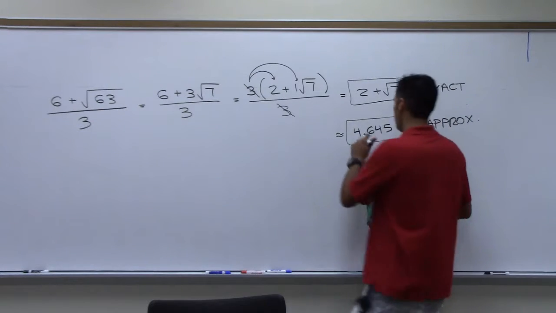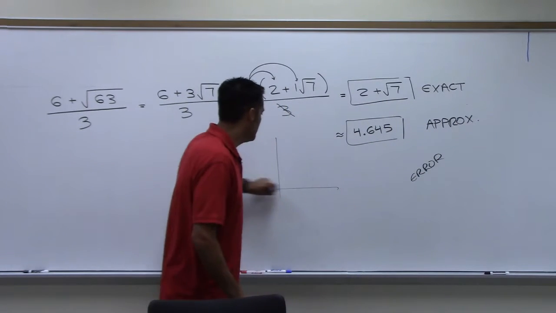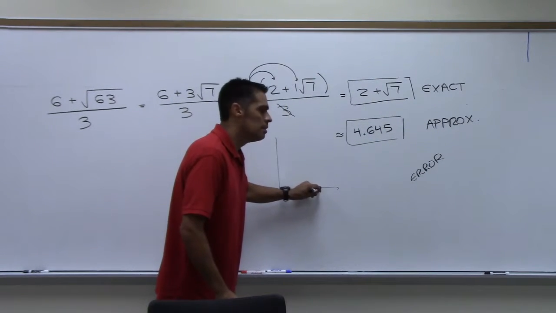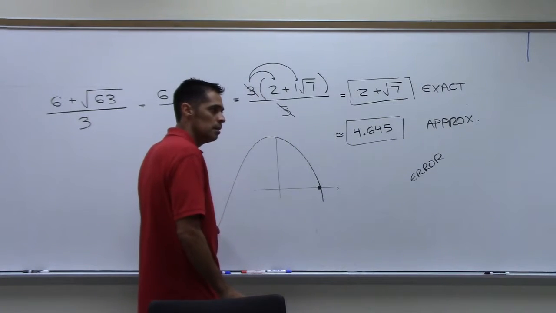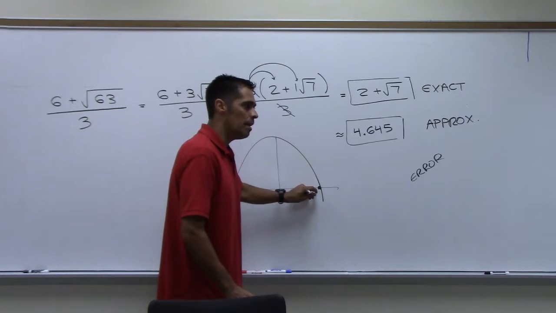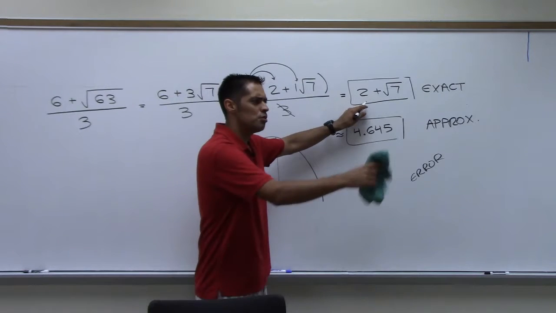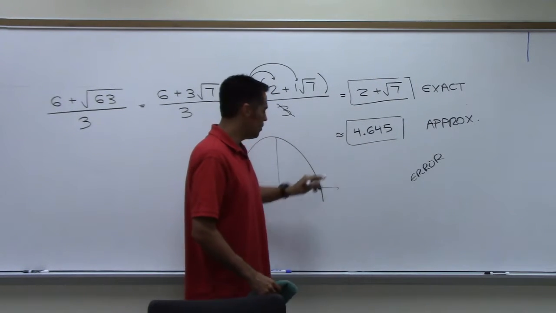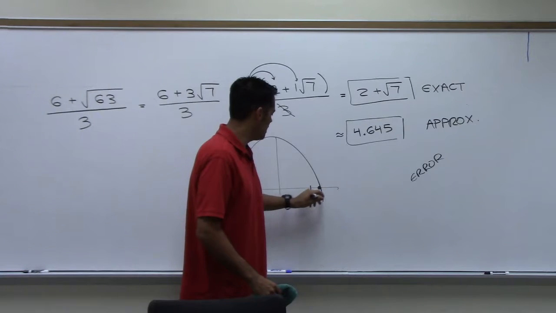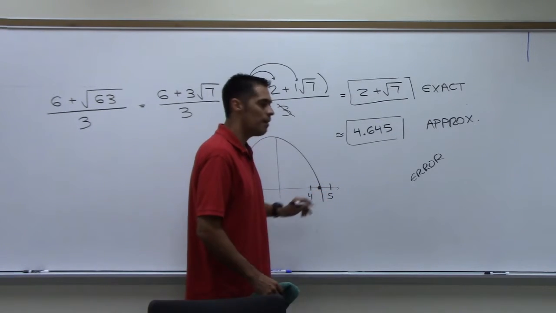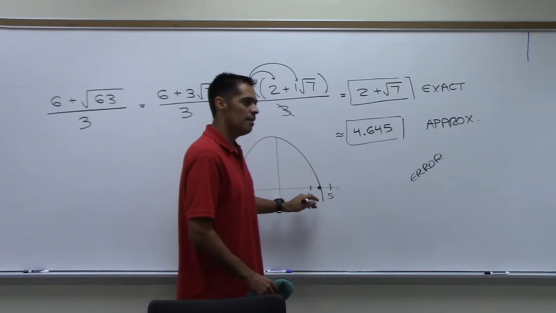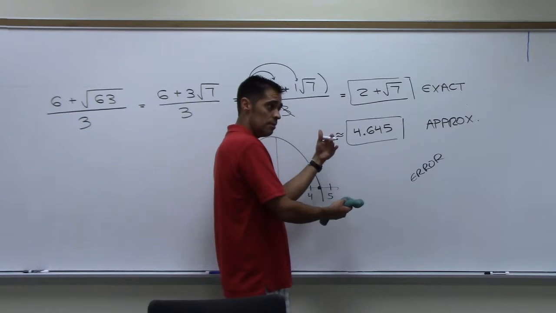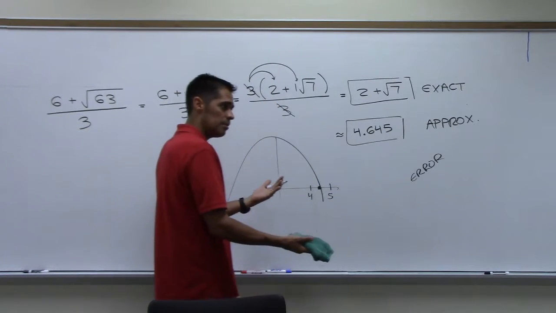This is going to wind up at some point being an x-intercept for a parabola. And you need to know where to put that point. And if I tell you, hey, just go to 2 plus root 7, where is that? But if you know it's 4.5, then 4.6, then you know it's what? Somewhere between 4 and 5? It's easier for you to graph that. So you need to be able to do both. Does that answer you? Okay?